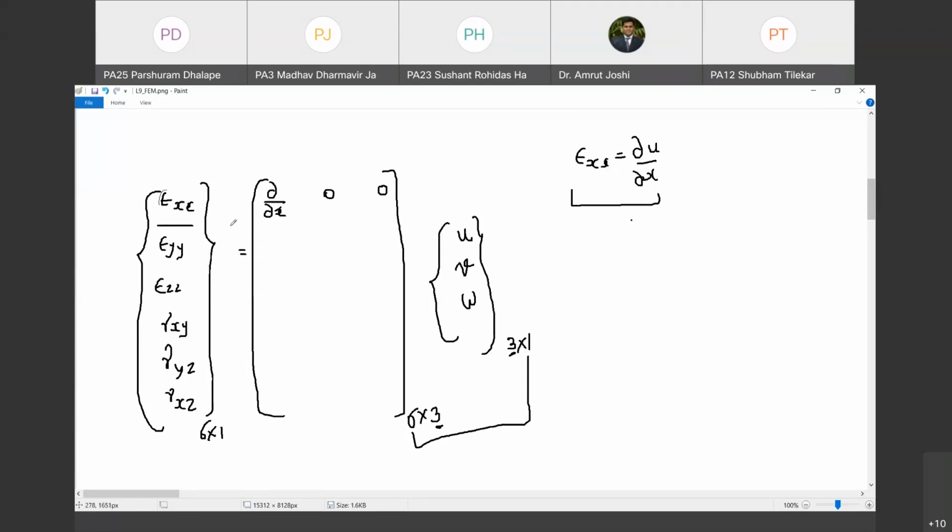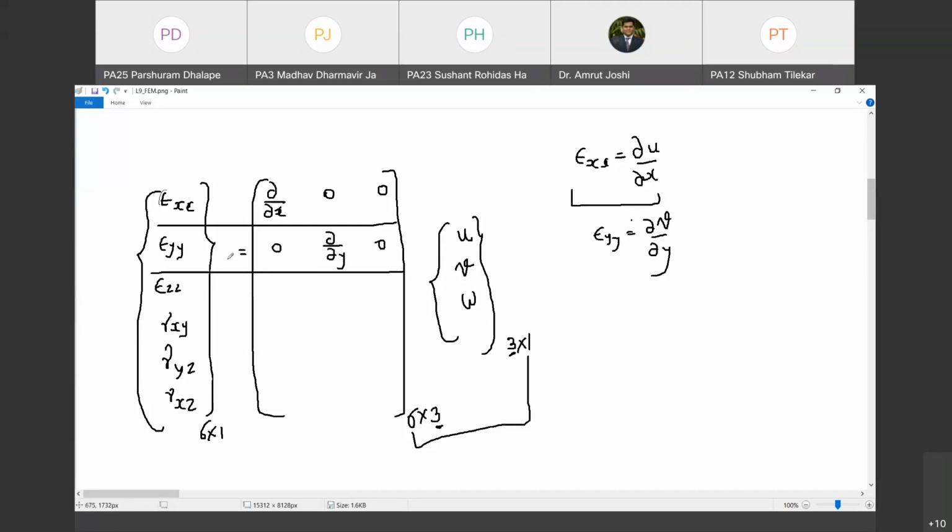Now what about epsilon yy? Let us try to find out how do I write epsilon yy. Epsilon yy has to be equal to dou v by dou y. Do you agree with me? So it is going to be 0, dou by dou y, 0.